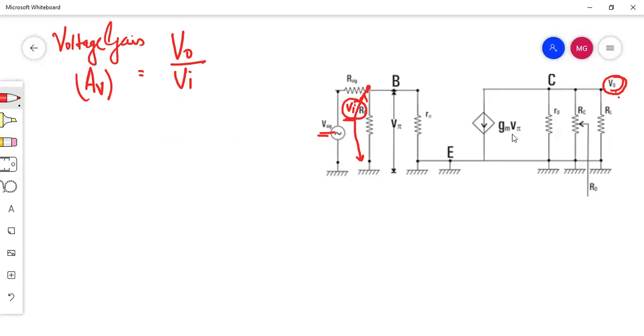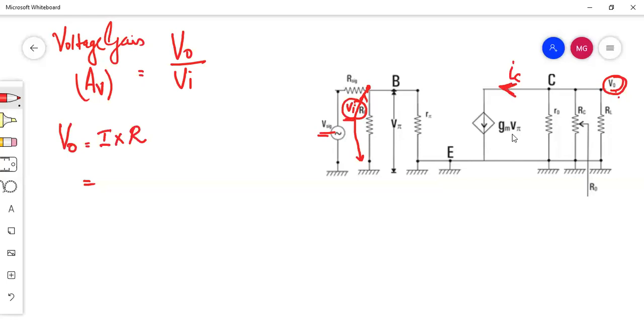Then output voltage. Output voltage is simply current into resistance. What is the current here? I told you there is one current, small IC. Check the current direction, it is directly opposite.